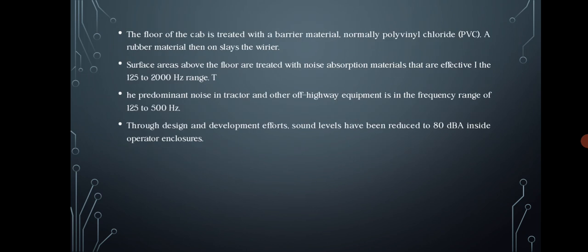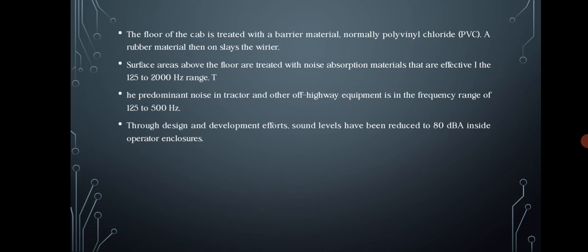The floor of the cab is treated with a barrier material, normally polyvinyl chloride, a rubber material, then a layer of slate. Surface areas above the floor are treated with noise absorption material that is effective in the 125 to 2000 Hz range.